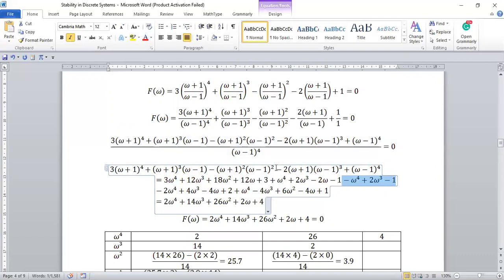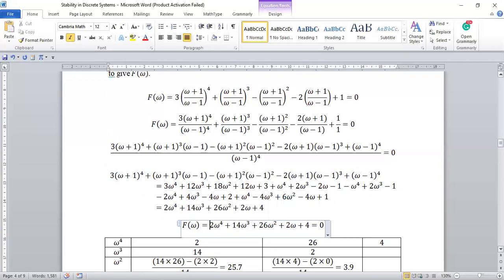Then we expand this here, and we arrive at this equation. Then we expand the last term, and we arrive at this. Then when we collect like terms, we arrive at our final equation. So we derived our working equation.